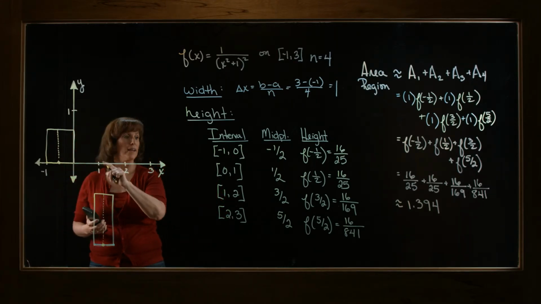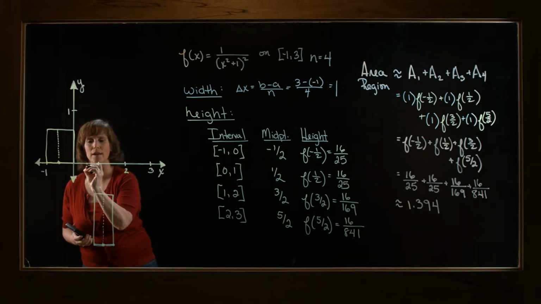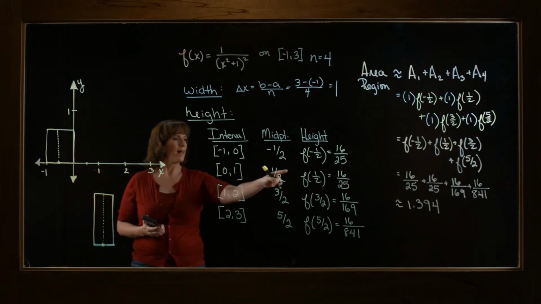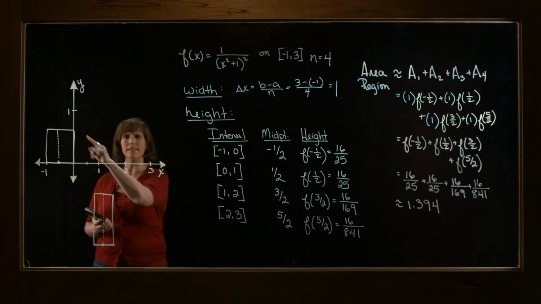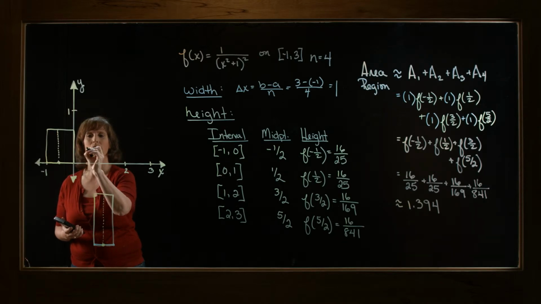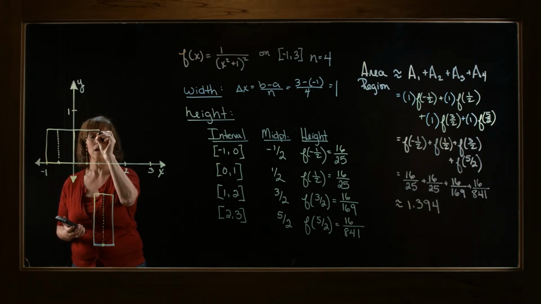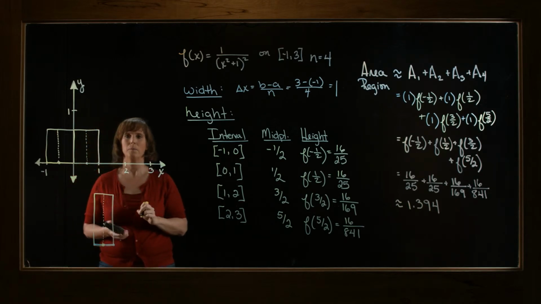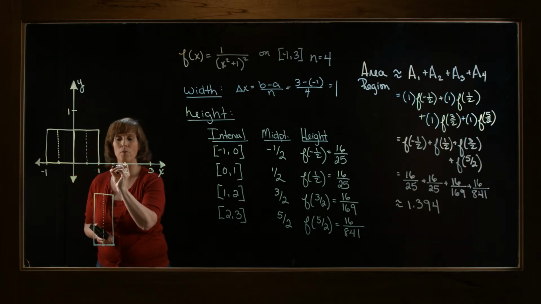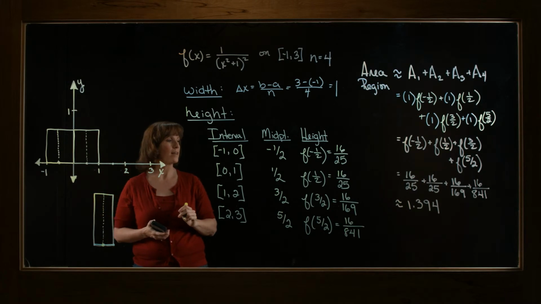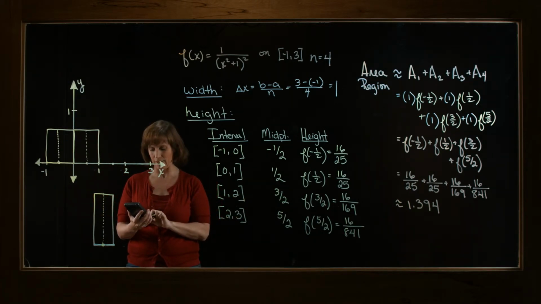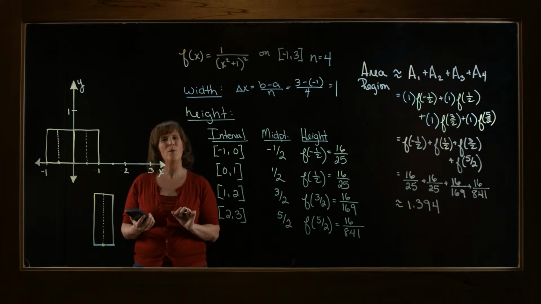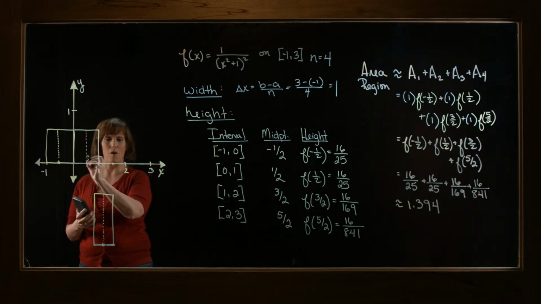For my second interval, my midpoint was at 1/2, which is right here. And the height of my rectangle is 16/25. It's the same height as before. For my third rectangle, the midpoint is at 3/2, and the function value is 16 divided by 169. 16 divided by 169 is 0.09. So that's quite small.